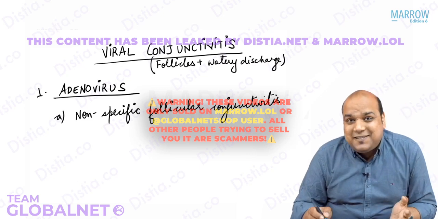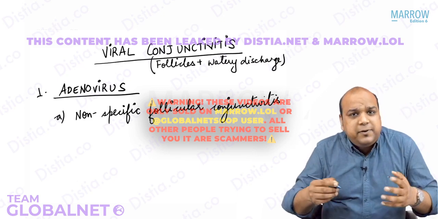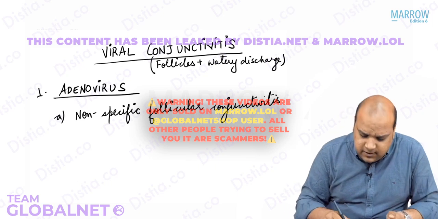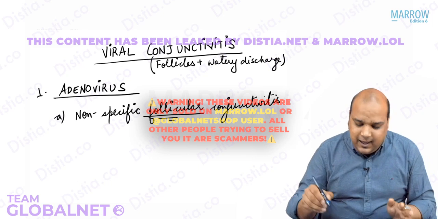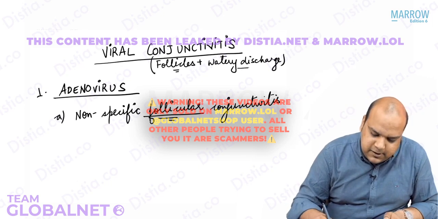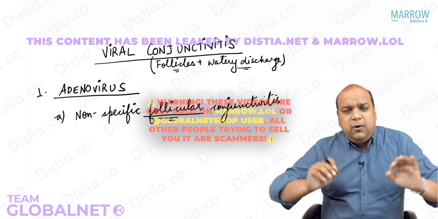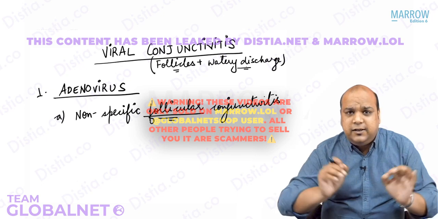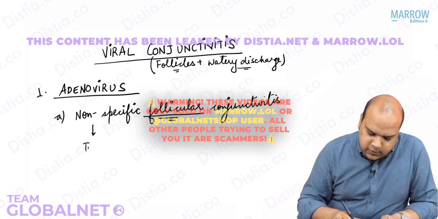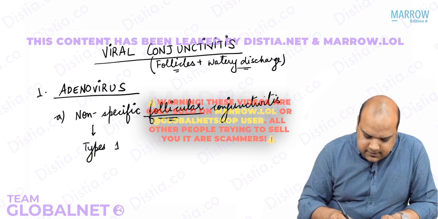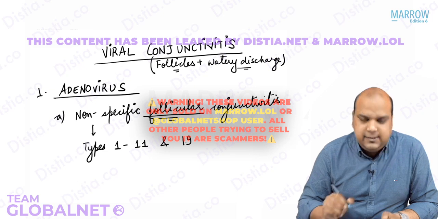It is non-specific because it does not present with any specific clinical feature. The only thing present is follicles. As we know, follicles plus watery discharge will be seen in all cases of viral conjunctivitis. This is usually caused by types 1 to 11 and 19.